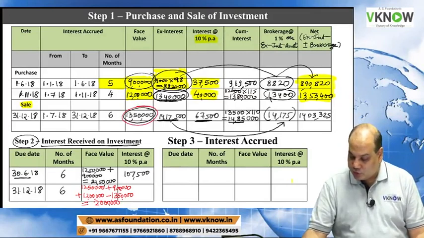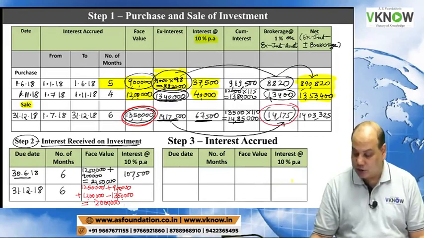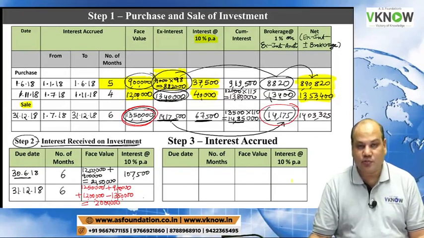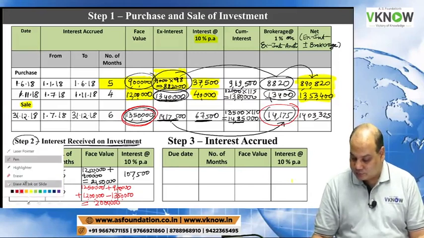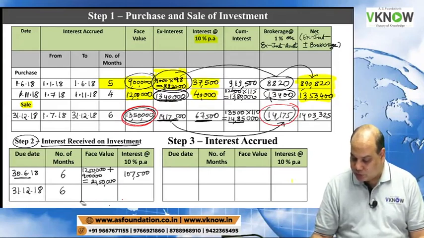So I have 20 lakhs of debenture on 31st December. Because you have already sold this investment, you will have to deduct the 13,50,000. Now 20 lakh into 10% into 6 by 12.